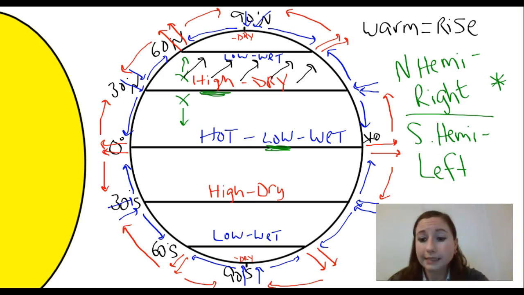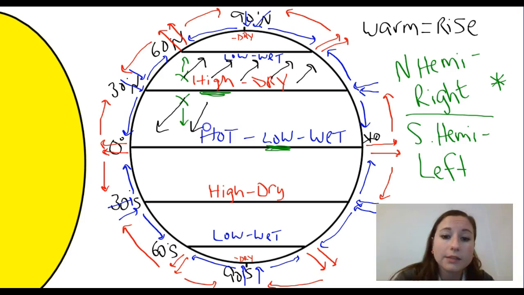Now, what's weird about this is that you have to pretend that you are positioning yourself at the X and then going in that direction. So if you were standing at the X, you would be looking down. For you to go right, that's actually going to be this direction.